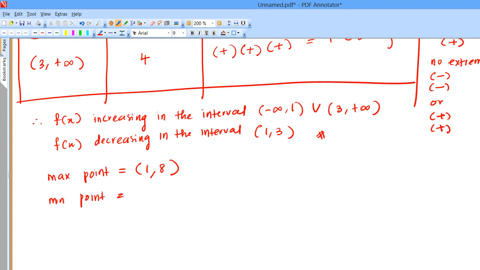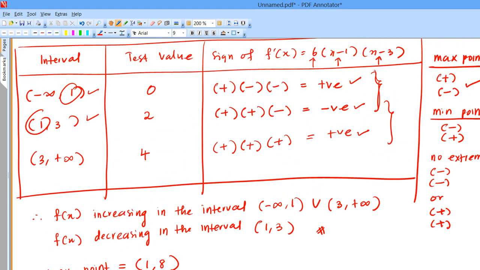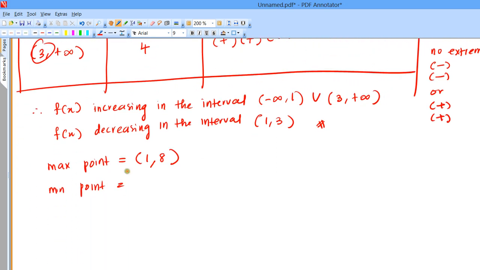To find the minimum point, if you compare interval 2 and interval 3, we have critical value 3. And if you see the sign of f prime x, it starts from negative and then positive. So if we start from negative and then positive signs, it means a minimum point. So the minimum point here is (3, 0). Actually (1, 8) and (3, 0) are referred to as critical points.